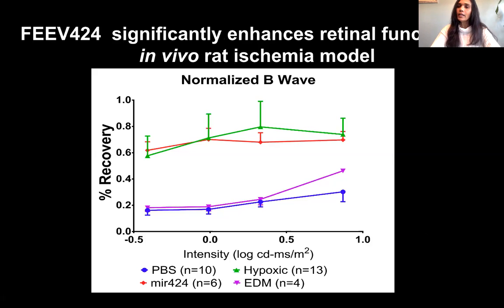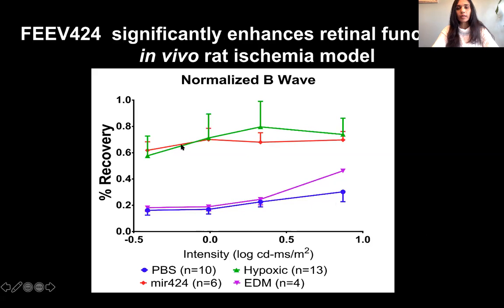And finally, we injected these EVs along with the normal EVs, hypoxic EVs, and the EDM, the EV-minus conditioned media, into the ischemic rat. And you can see here, this is the control, the PBS, and the EDM, which is the conditioned media minus EV.